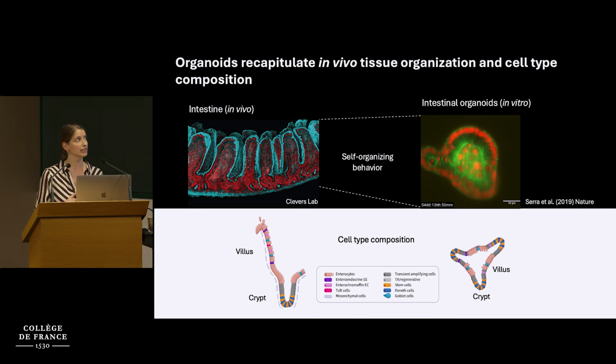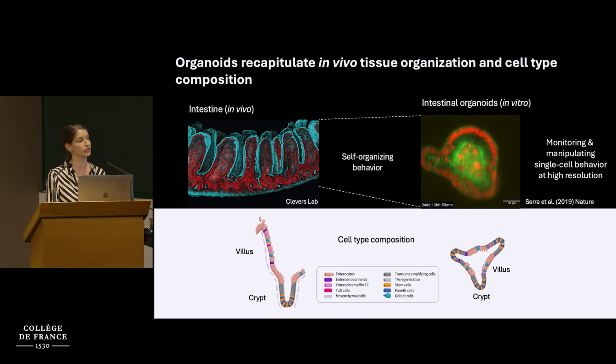Importantly, not only the structure but also the cell types mimic the in vivo counterpart. So this is really a great system to address questions, because now we can monitor and manipulate single cell behavior at high temporal and spatial resolution.